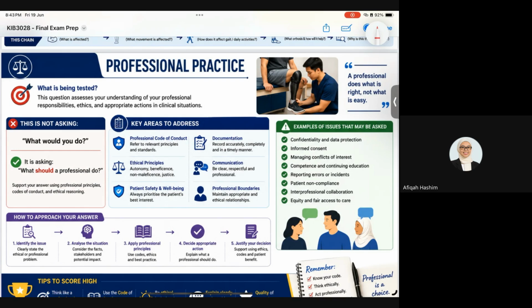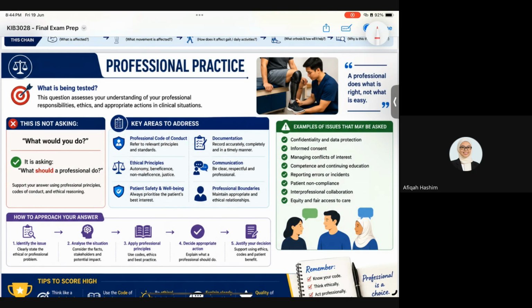So discuss the benefits and also risks, explore the possible solutions, and also document the discussion. This is also a part of professional practice. So at the end of the day, you respect the patient's decision, but you have done your job. You have professional responsibility. You need to ensure that the patient has enough information to make an informed choice.